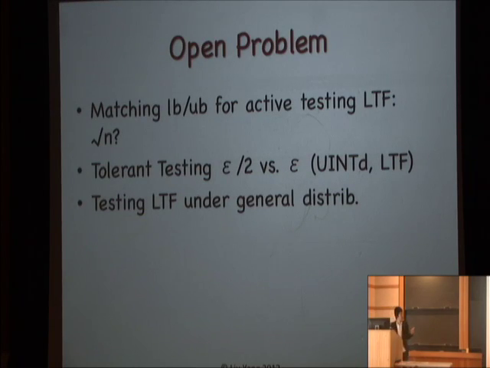Another interesting problem is how things change if we have the stronger requirement of tolerant testing, which basically requires to accept even if the target is just within distance epsilon over 2 of the property class P, and reject if it is epsilon far from P. So for instance, is the query complexity of tolerant testing union of at most D intervals still constant?